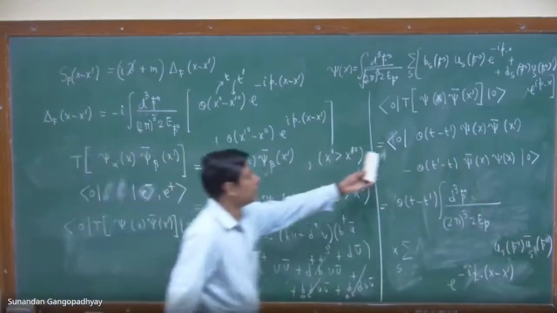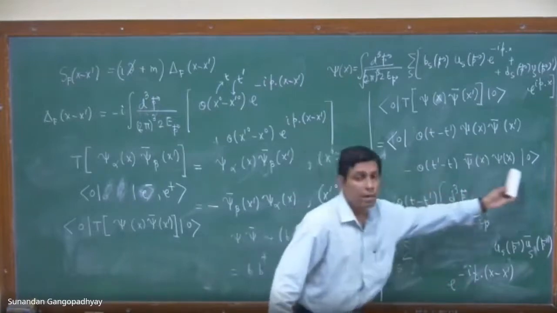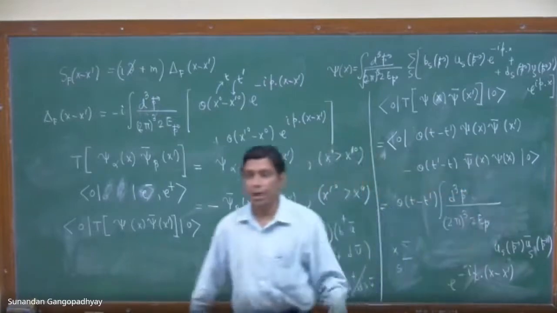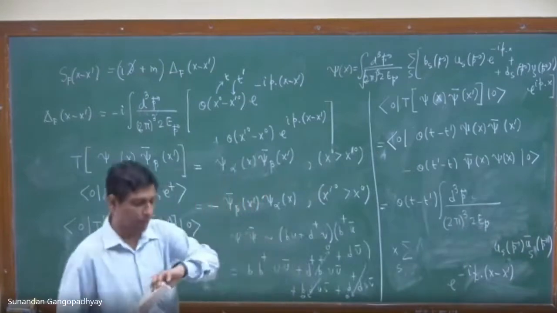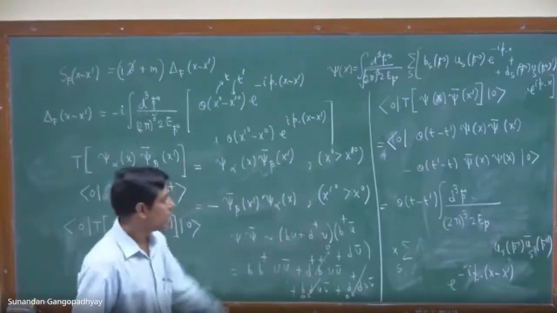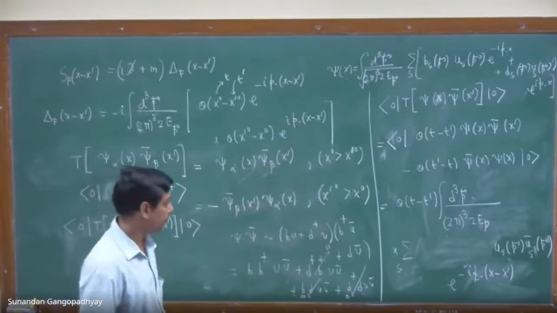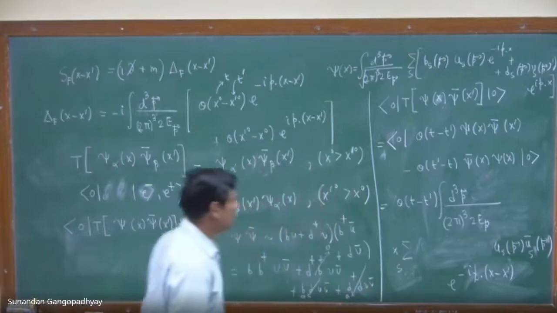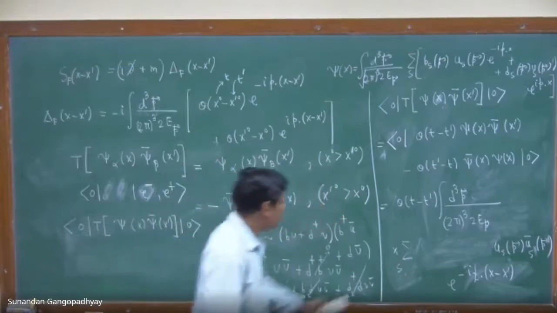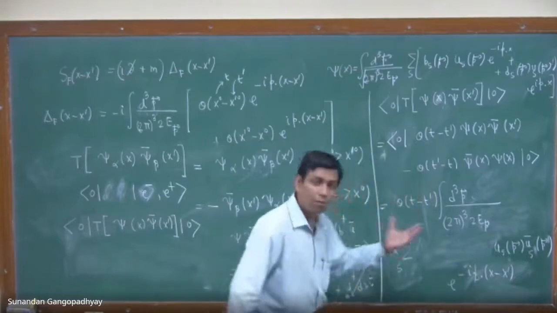This term basically gives this thing. You can do the same thing for psi bar psi, where you will get the d dagger term. This was with b dagger; there you will have the d dagger term. So you have this. Now what you can do is perform the spin sum.